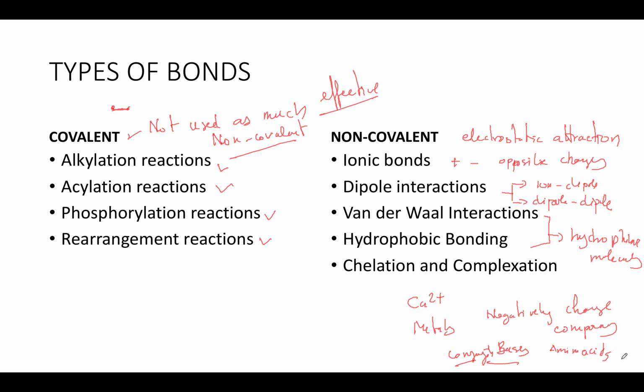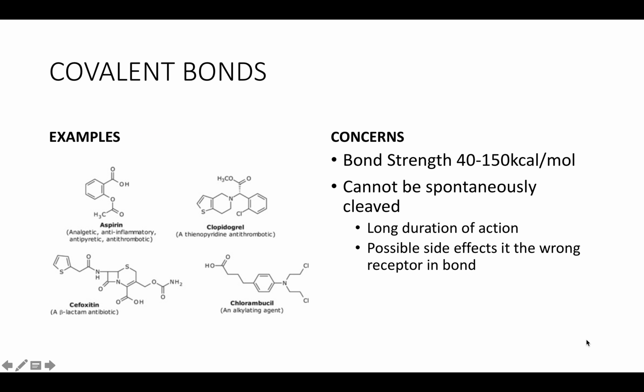All right, so let's move forward here. So here are some examples of covalent bonds. As I mentioned before, this is a strategy that is not commonly used. However, you have some very effective drugs that use that strategy. You have aspirin, which is an anti-inflammatory, also antipyretic, also has antithrombotic activity. You have clopidogrel.